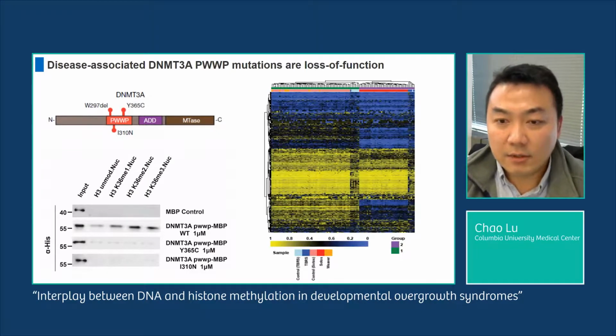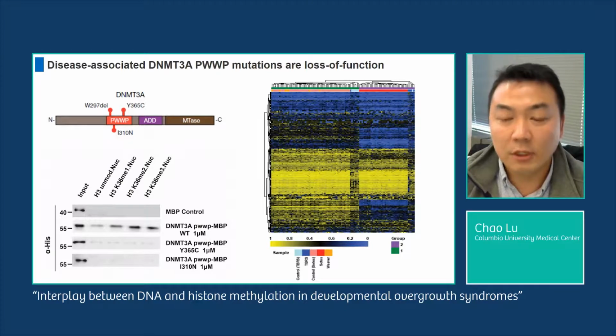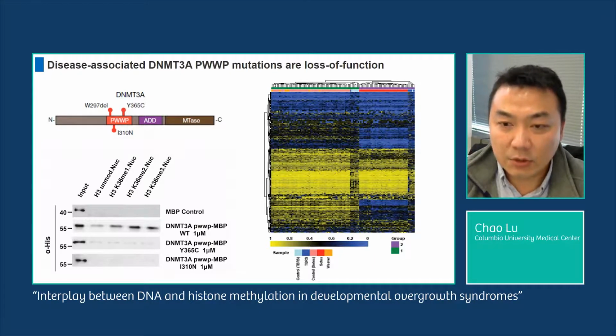In the last analysis for this study, we compared the DNA methylation profiles from the TBRS patients and the Sotos patients that I talked about before. This analysis revealed that indeed in TBRS and Sotos syndrome, their DNA methylation patterns are highly correlated.